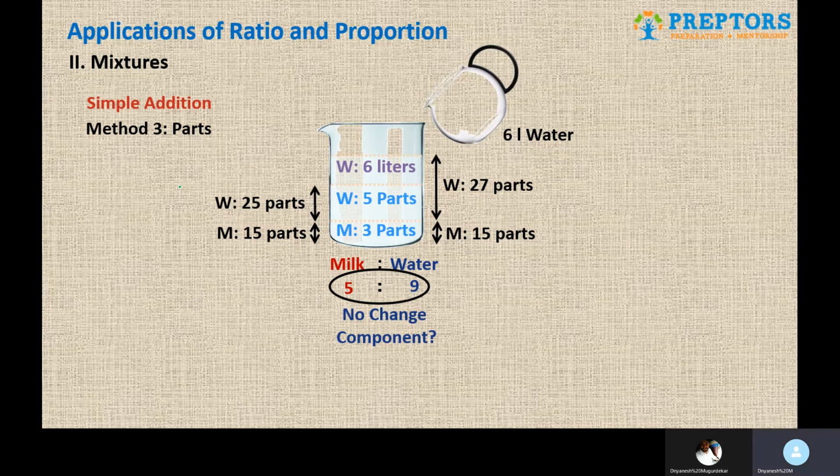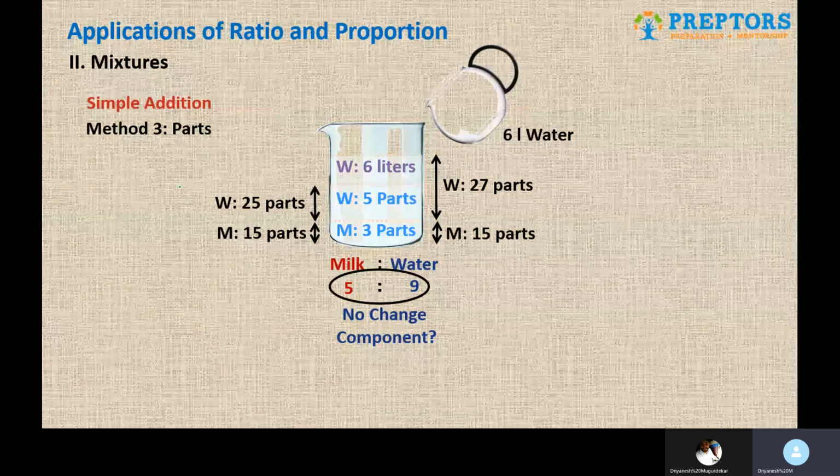What you are actually observing here is that water has changed. Milk is the same, but water has changed a little. It was 25, now it is 27, in fact it increased. So you can understand that the water is increasing by 2 parts, from 25 parts to 27 parts.